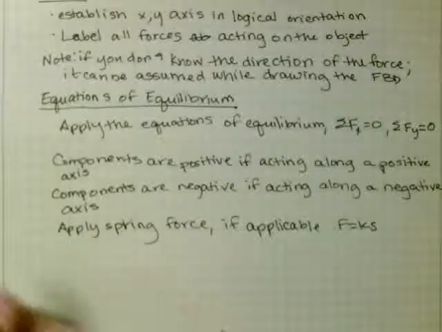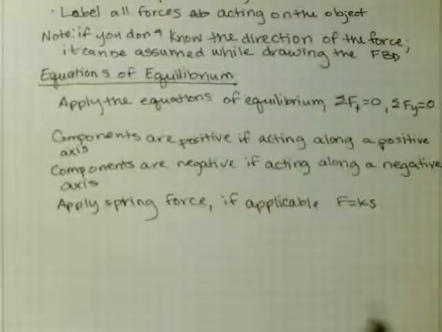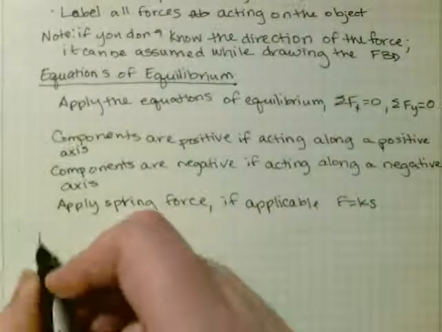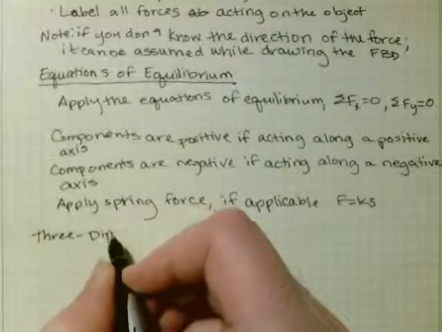So that's all you have to do. And you can solve whatever the problem is asking for after you get your free body diagram and your equations of equilibrium. And this can also be applied to three-dimensional force systems.